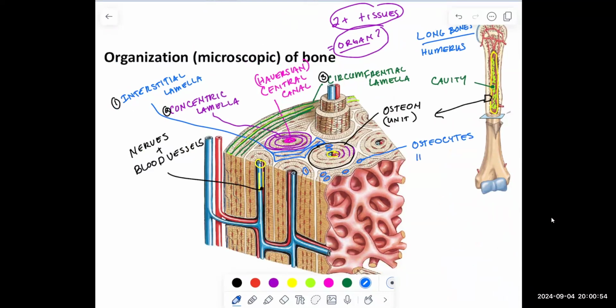And they are inside lacunae. This has a lacuna as well. Cartilage and bone have a very similar arrangement in how they hold their cells. They both have lacunae. Bone has osteocytes, cartilage has chondrocytes. Okay.